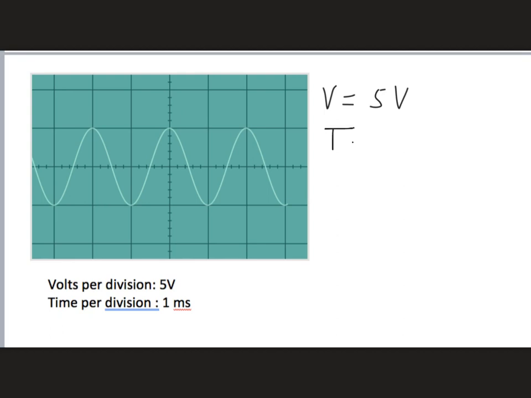So the period is going to be equal to 2 milliseconds, or 2 times 10 to the minus 3 seconds. Now here's a trick. If you have multiple cycles visible on the screen, it actually can be better to go across those multiple cycles.